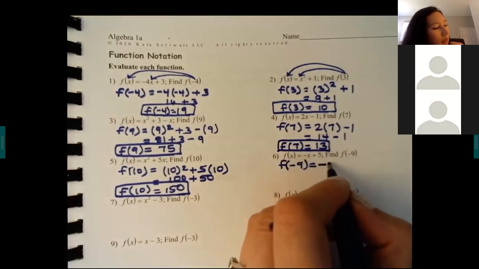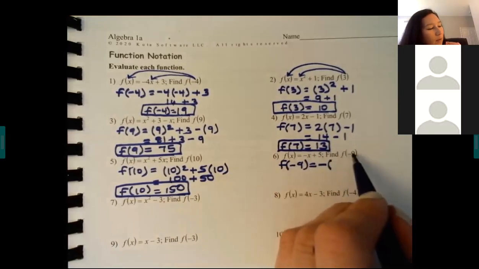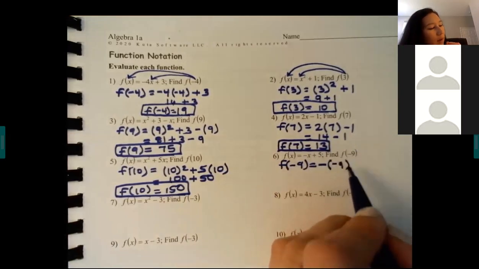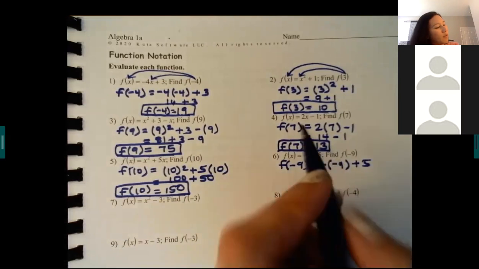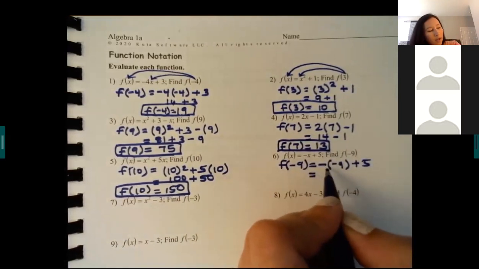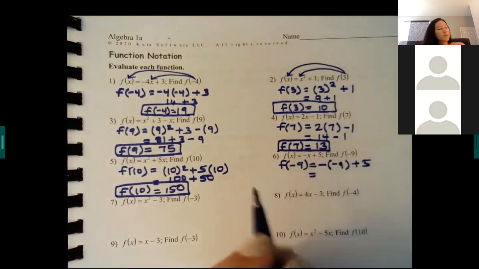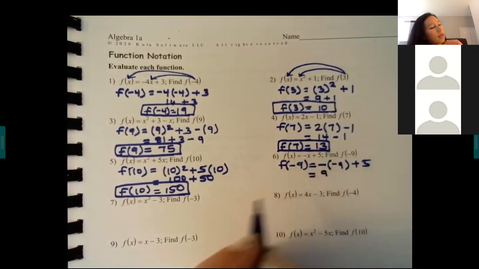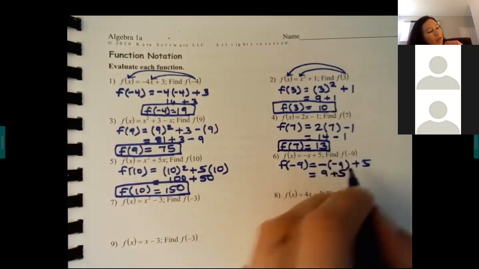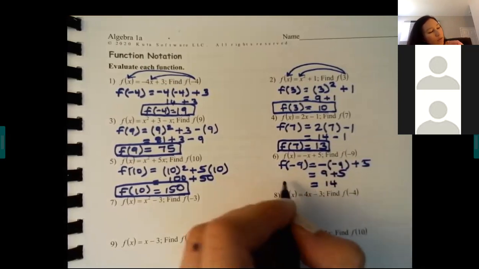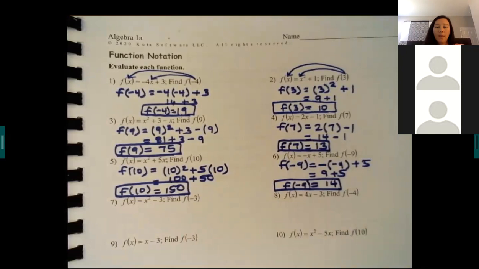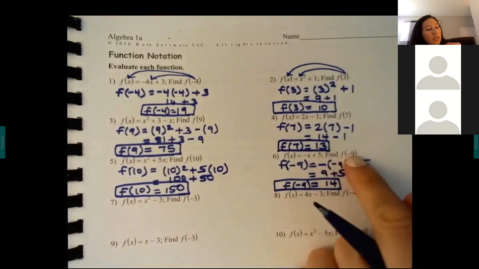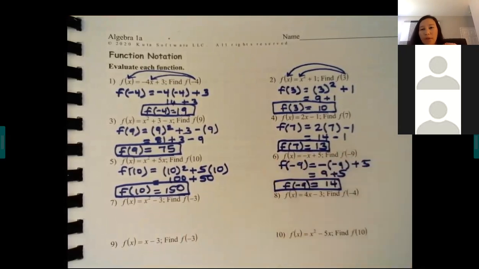So equals negative, and always put your x in parentheses. It's like we've been doing. So x is -9 and then plus 5. And then once you do that, you just have to simplify. So we have a negative times a -9, or a -1 times a -9. So negative times negative, that means it's a positive 9 plus 5, which is 14. So f of -9 equals 14. So all we're doing, yeah, we're just taking the number that they give us and we're just substituting that in for the x's and solving.